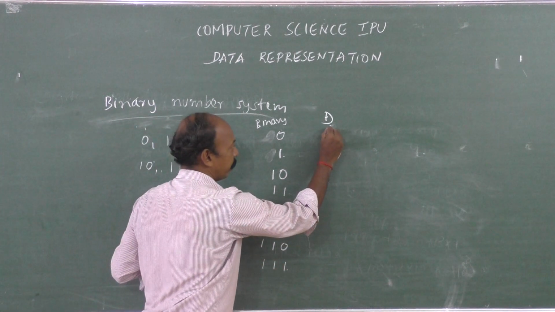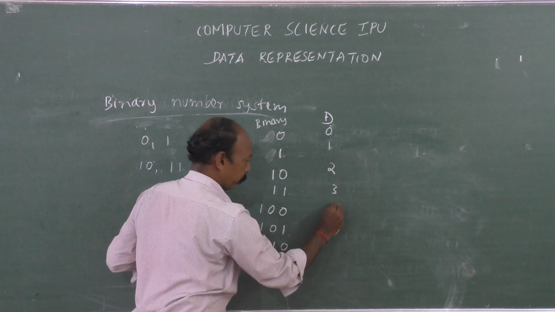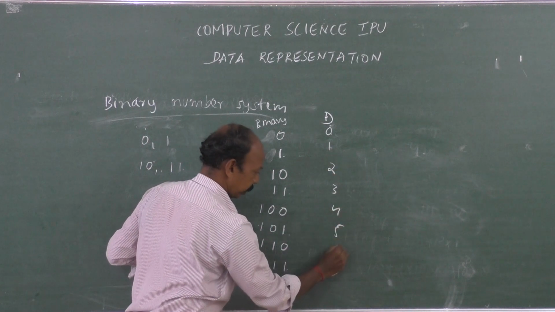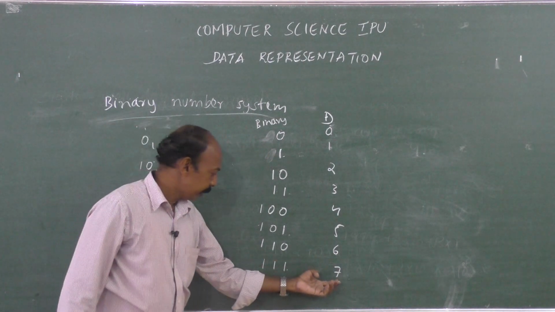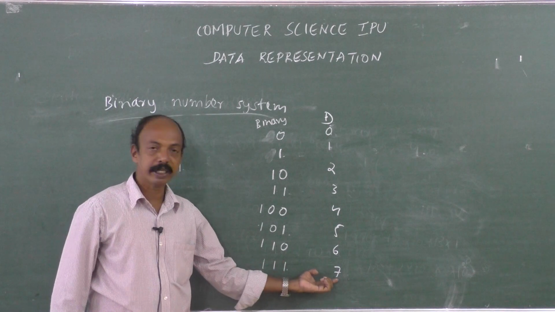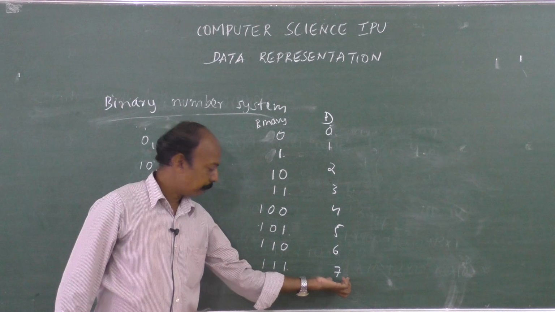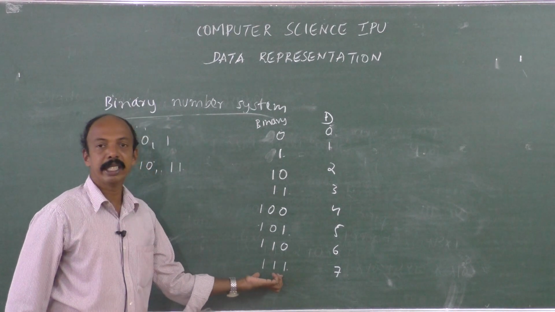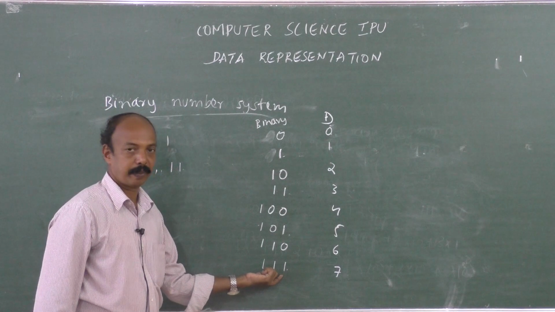So here it will be 0, 1, 2, 3, 4, 5, 6 and 7. Up to 7 with respect to 3 bits we can write. See, in decimal number system we are making use of only one symbol. To represent the same value in binary number system, we need to take 3 symbols or 3 bits, right?